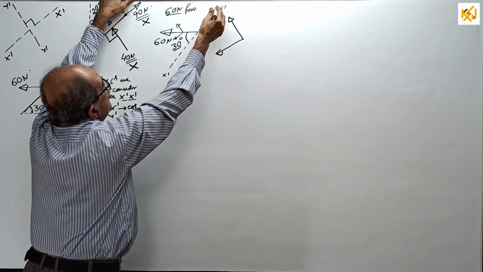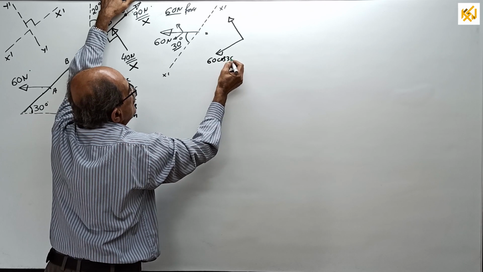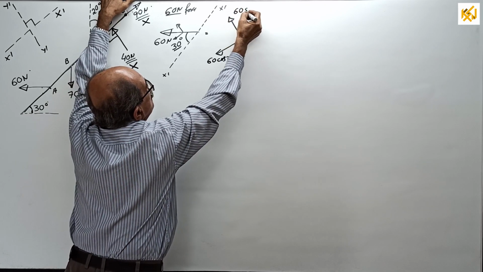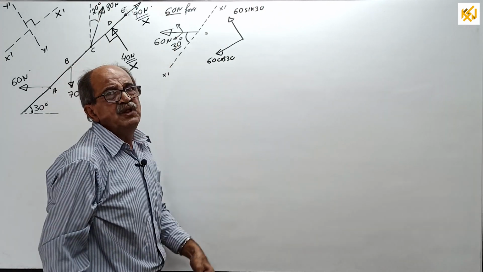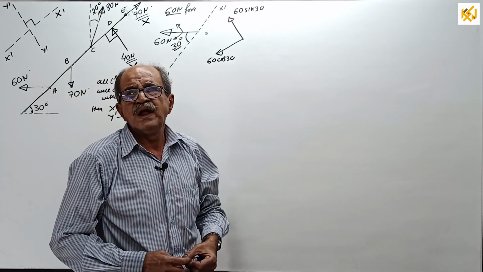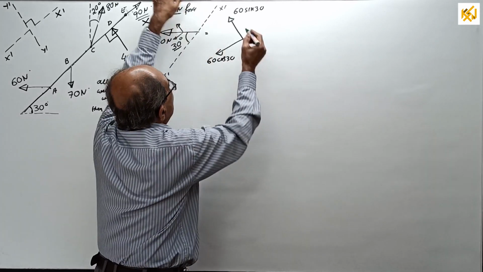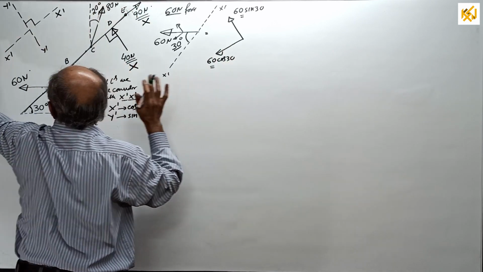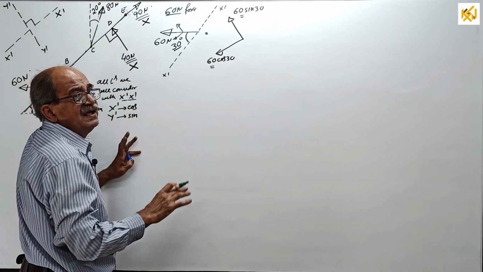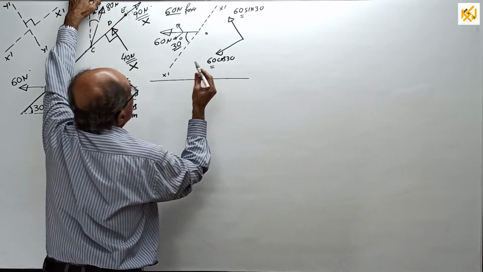This is the component along x dash, 60 into cos 30, and this will be 60 into sin 30. Now I will not write the answer today. You write the answer. Why should I unnecessarily waste time? You practice. Because the purpose is to understand. Calculation you can make, leave it now. That force is over.